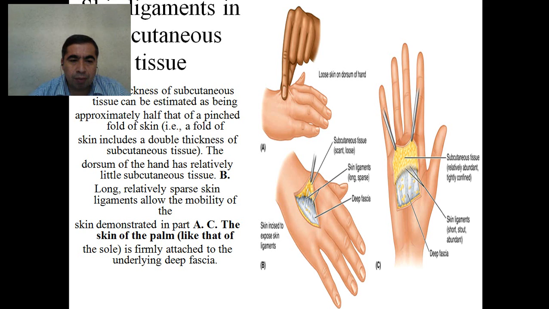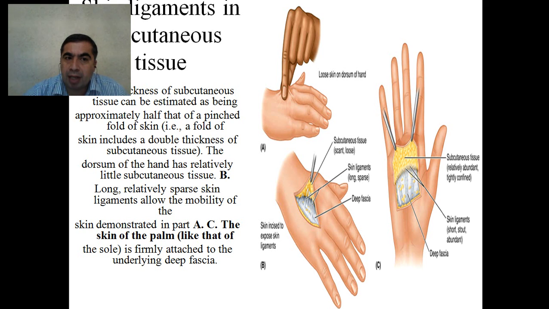On B, you are looking at the long, relatively sparse skin ligaments that allow the mobility of the skin demonstrated in part A. This kind of ligaments you will find also on the face.